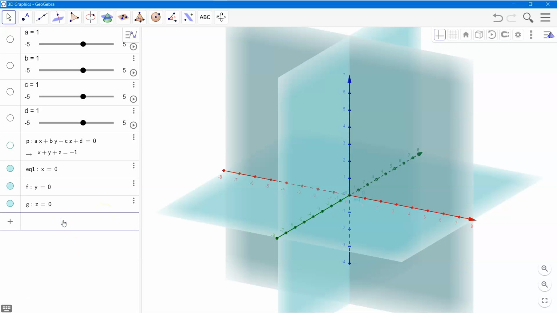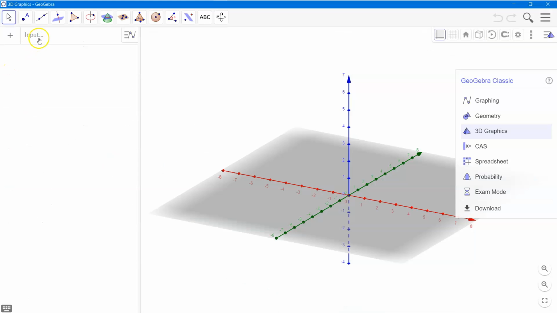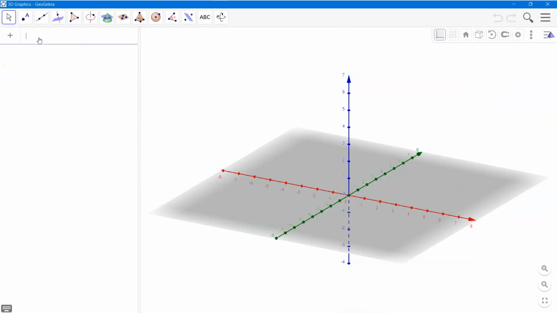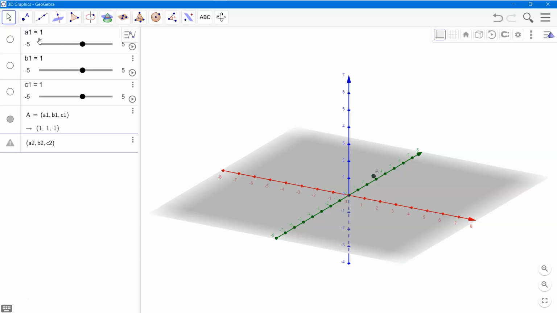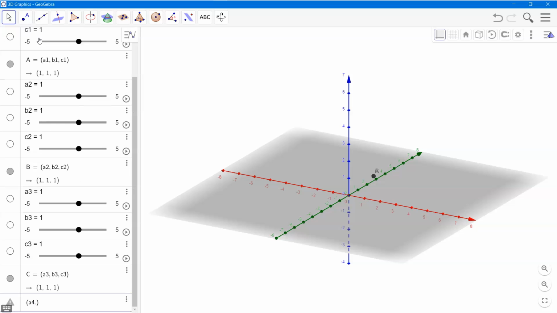Now let's look at another way of arriving at this equation. For that, let me begin from the start. So let's say A1, B1, C1, A2, B2, C2, A3, B3, C3, A4, B4, C4.